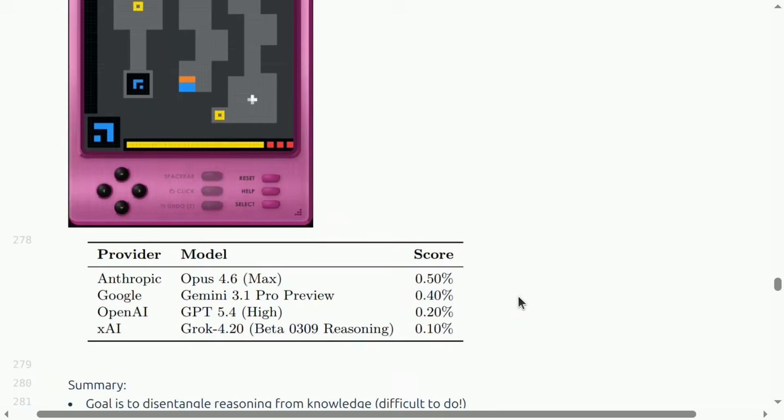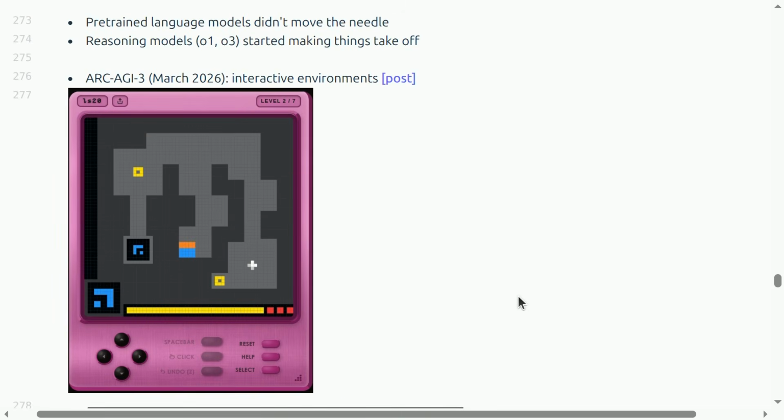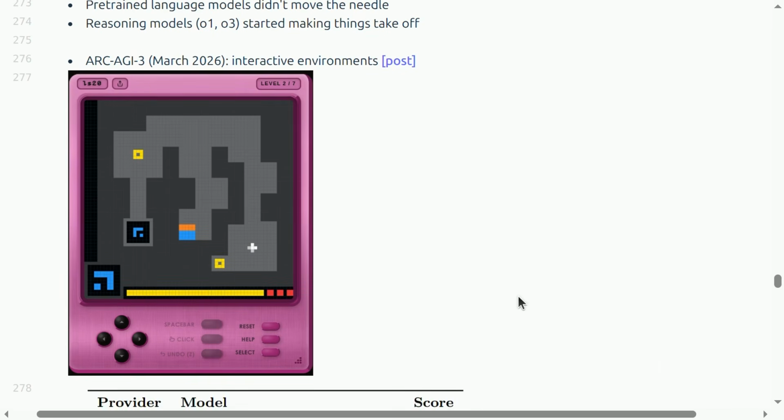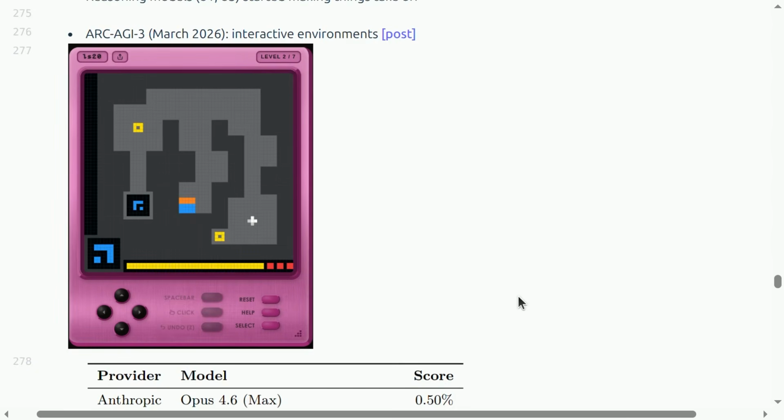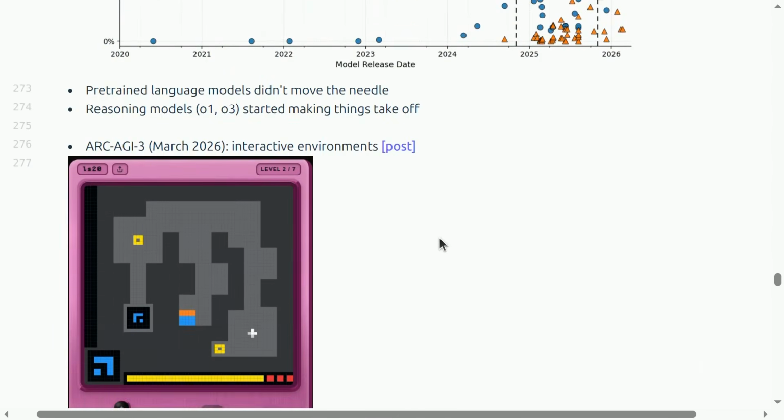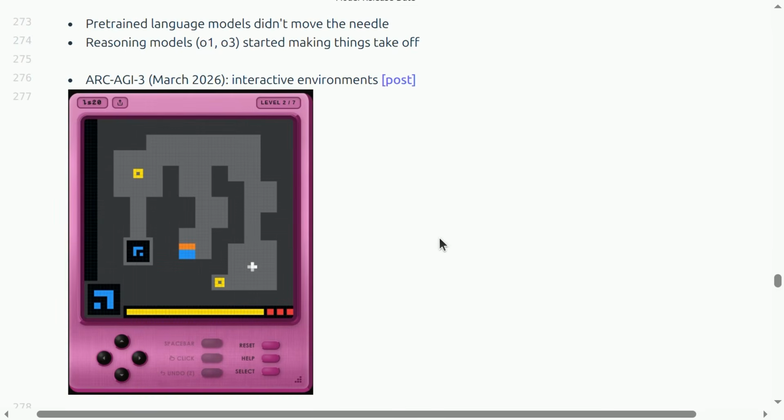So this ArcAGI 3 especially looks quite graphical. Is there some multimodal front end or encoding involved, or is there a textual representation as well? Yeah, so the question is, this looks very graphical, so what is the input to a language model?